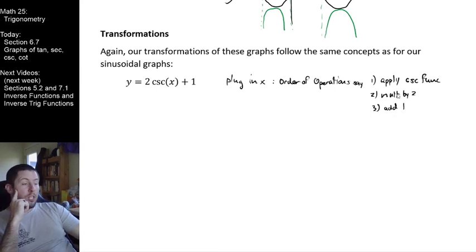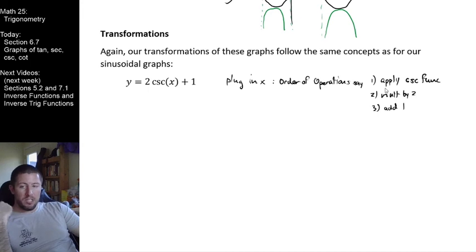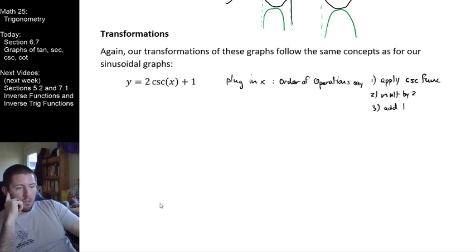So what I want to do is each of the graphical transformations in that order. So I'm going to start with just a cosecant graph.